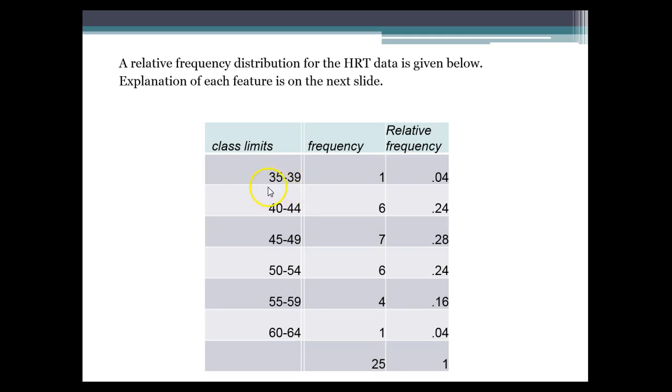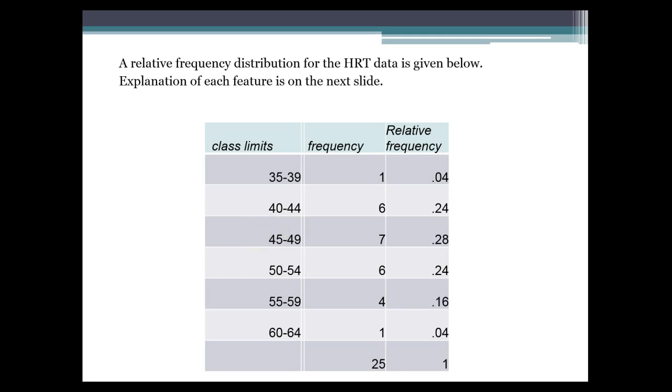These categories here, I would describe as starting at 35. So the first category is 35, and the width is 5. The width is 5, which means that the lower limits of these categories are 5 units apart. So 35, 40 are 5 units apart. 40, 45 are 5 units apart.